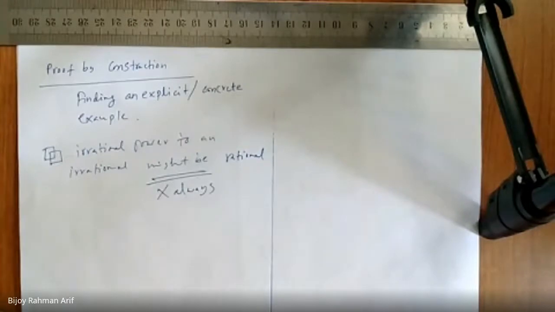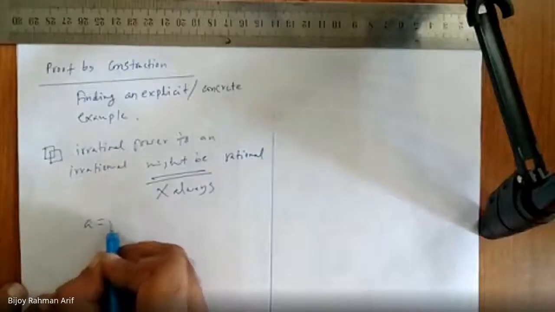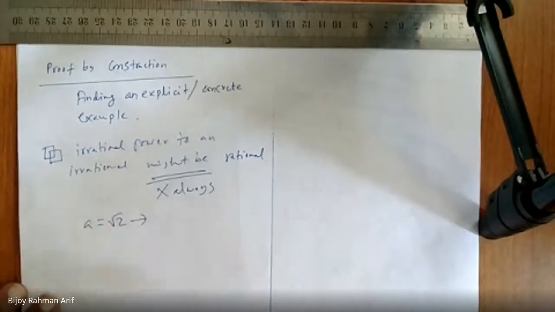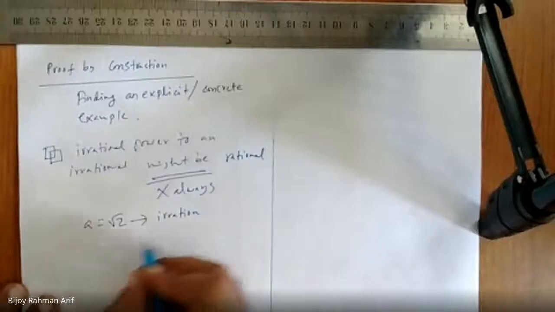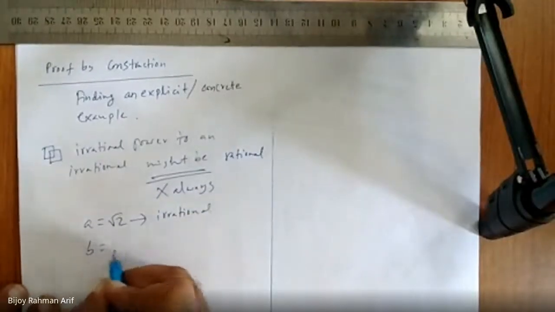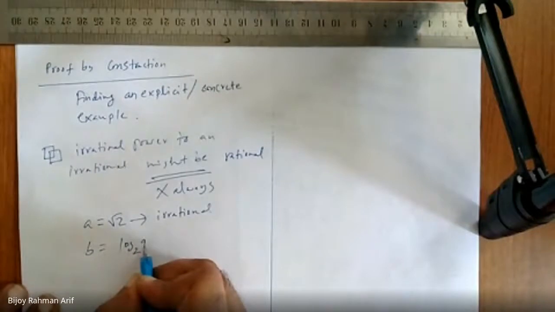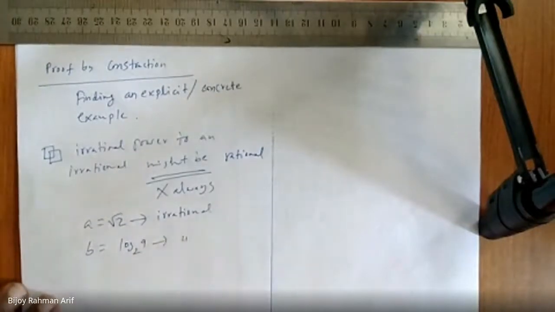So how can you prove that one? Let's consider a equal to root 2. What is this number? Is it rational or irrational? It is irrational. And b equal to log 2 base 9, and it is also irrational.